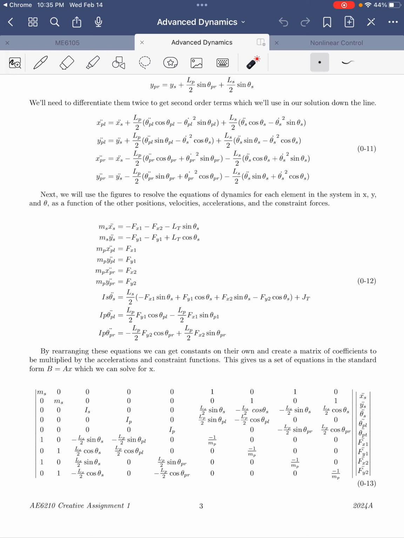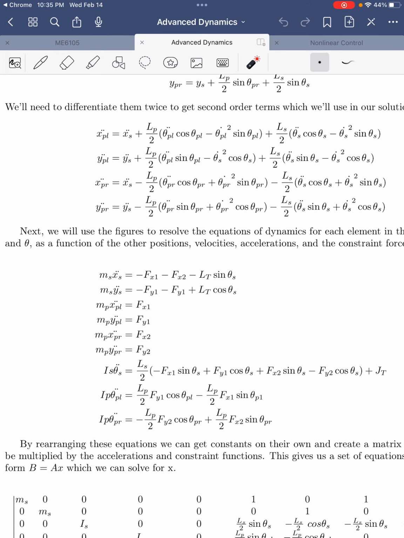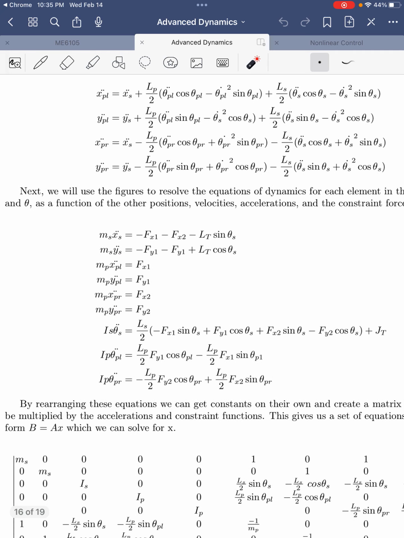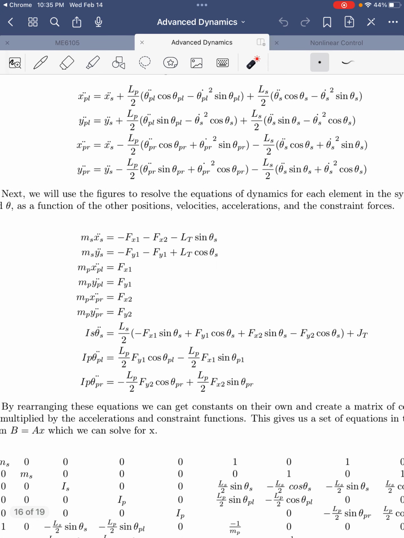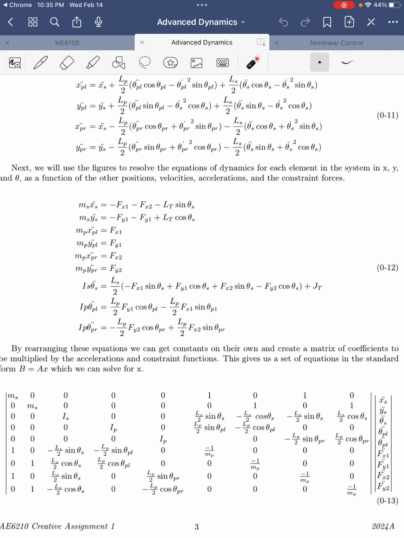We can reduce these equations by plugging these equations up here, and down here for these 4, and that just simplifies our matrix, makes it so that we don't have states x, y for the left and the right panel, and it simplifies everything.